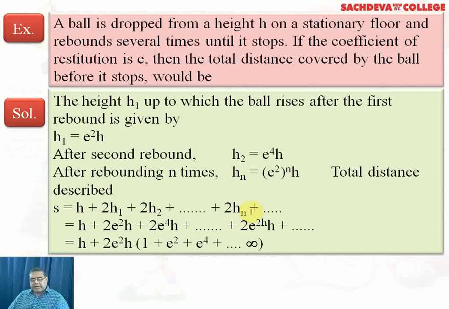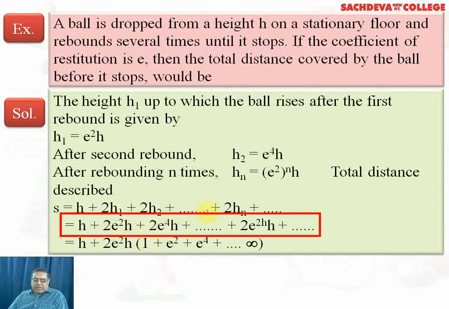So S is h plus 2h1 plus 2h2 plus and so on, that is h plus 2e square h plus 2e to the power 4 h plus 2e to the power 6 h and so on.